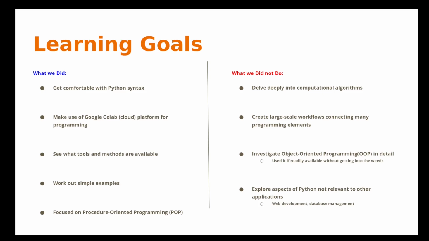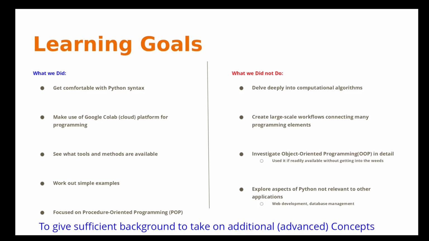We did not explore aspects of Python that are not relevant to scientific applications, such as Python's use in web development, database management, and others. The key takeaway here with our learning goals is that students should have sufficient background to take additional advanced concepts by mastering the material that we presented in this video series.